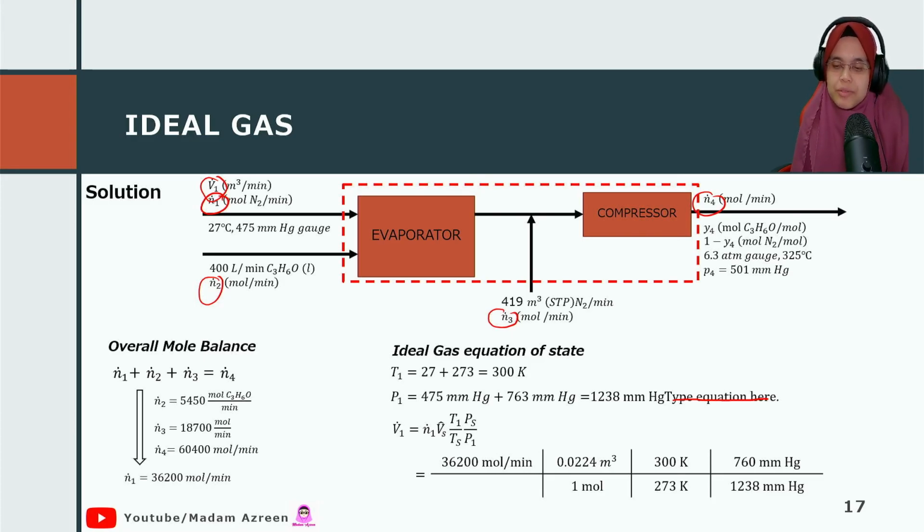Previously we just did a mass balance, input equal to output, or a reactive mass balance. But here you still have to do a mass balance, but the phase of the component is a gas, so you need extra work, which is you need to use a gas equation of state for some property.